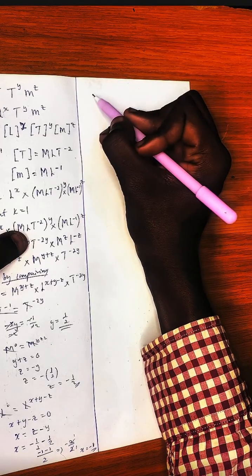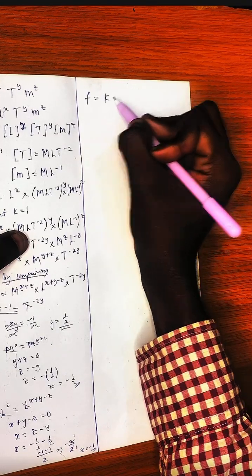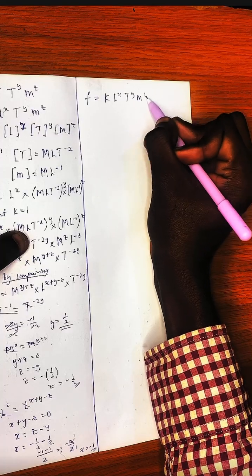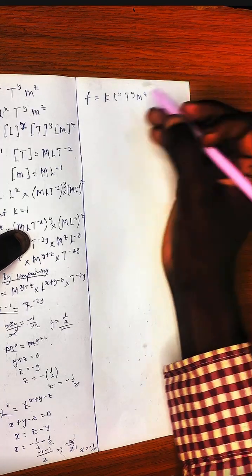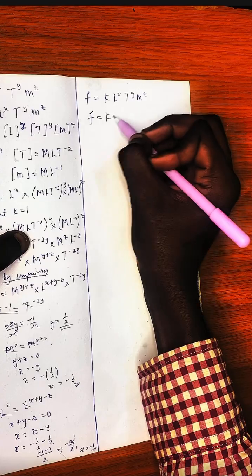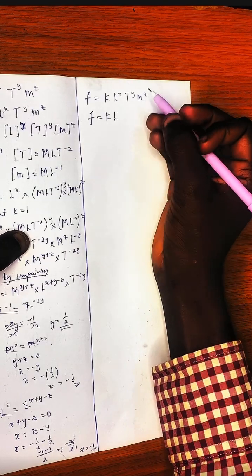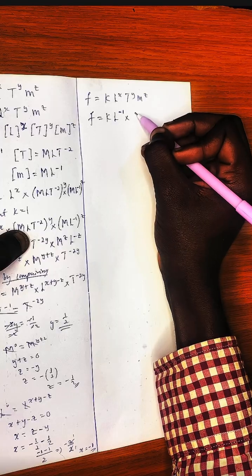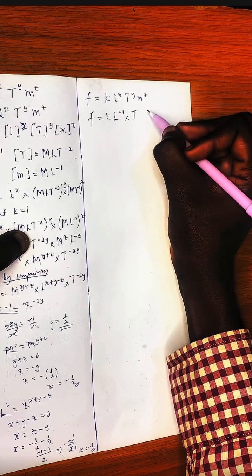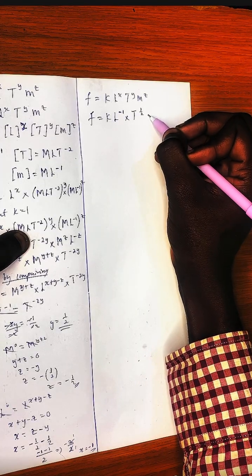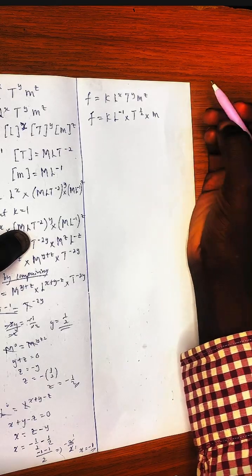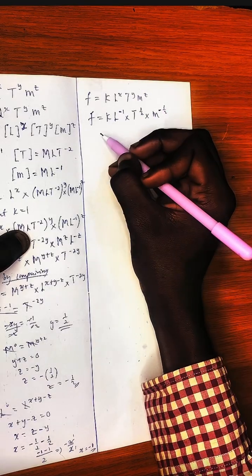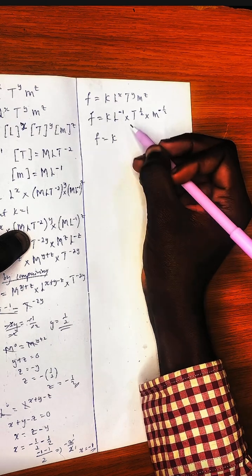So we bring down the equation. F is equal to k L to the power x, T to the power y, and m to the power z. F then will be equal to k L to the power x, which is negative 1, times T to the power y, which is 1 over 2, and the mass per unit length m, which is negative half. So F will be equal to k.